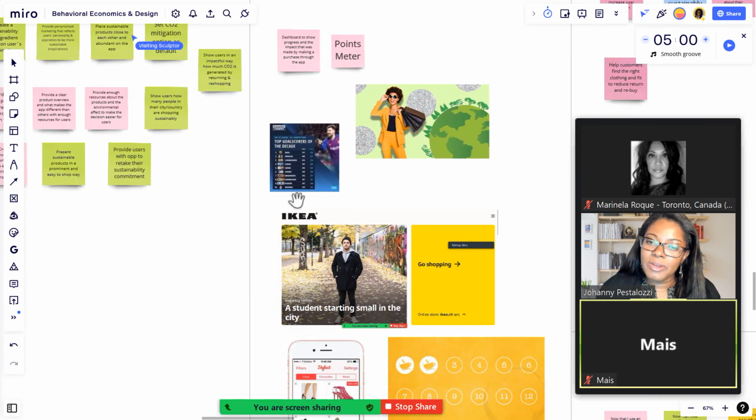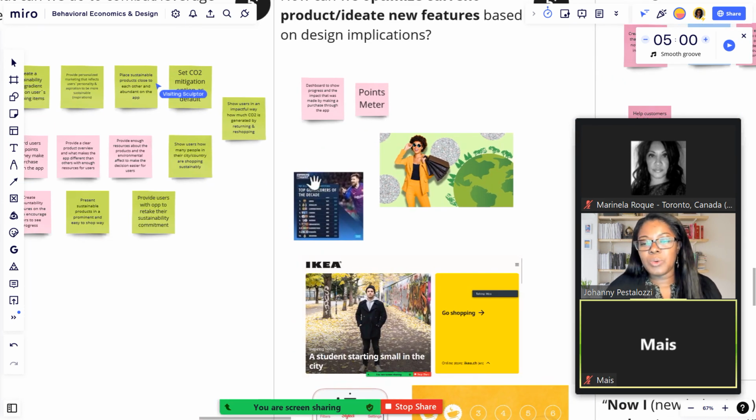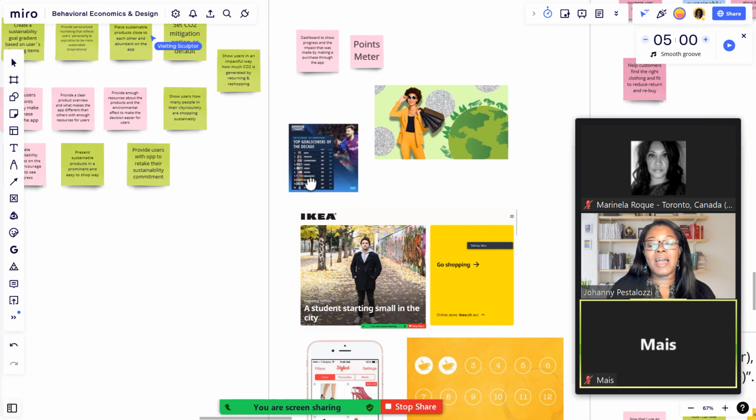So with these points, showcasing how they rank in comparison to other users, and that would mean that users would accept being presented in such a ranking, and that they could use a pseudonym, so they could use their real name or another one or an avatar. The idea is to show this kind of ranking.